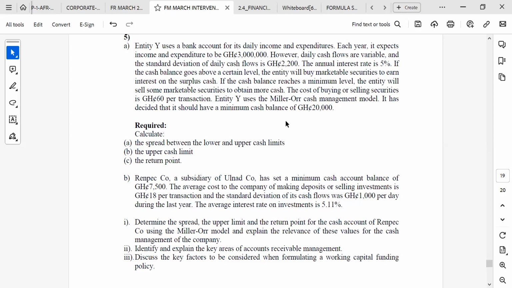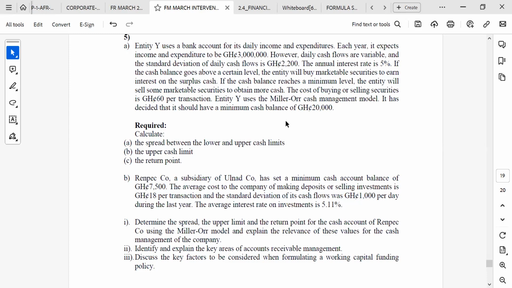If the cash balance goes above a certain level, the entity will buy marketable securities to earn interest on the surplus cash. If the cash balance reaches a minimum level, the entity will sell some marketable securities to obtain more cash. The cost of buying or selling securities is 60 cedis per transaction. Entity Y uses the Miller-Orr cash management model. It has decided that it should have a minimum cash balance of 20,000 Ghana cedis.